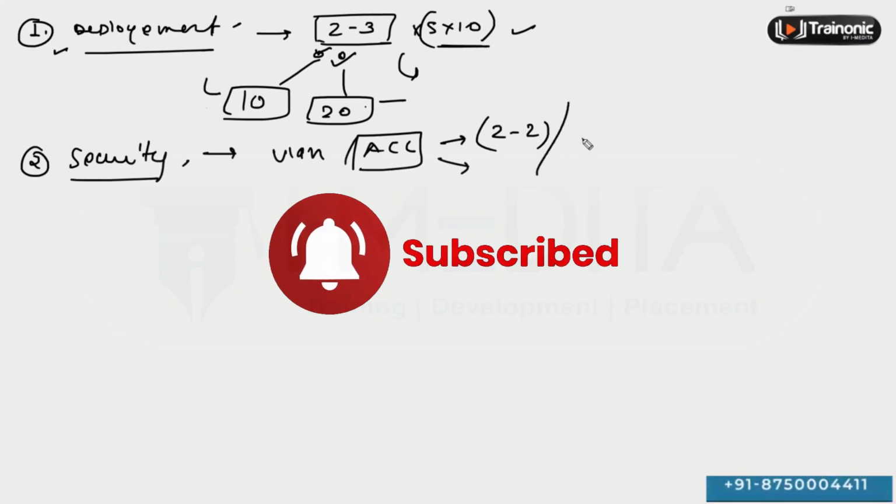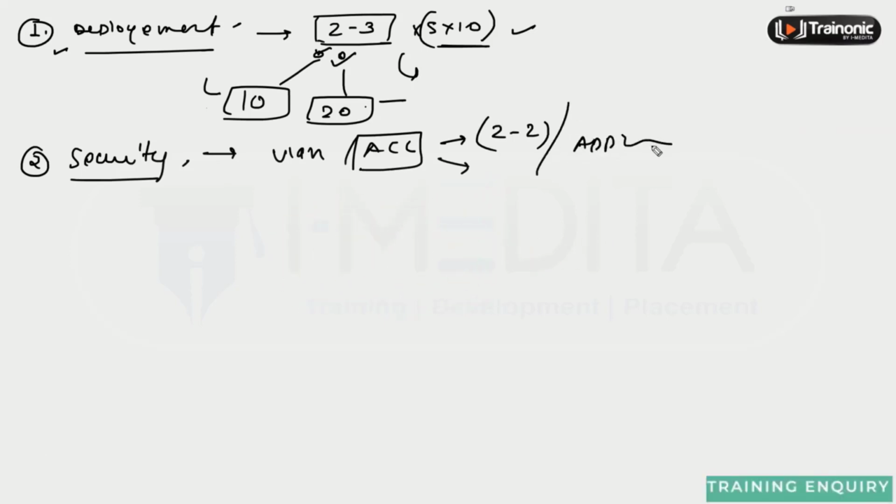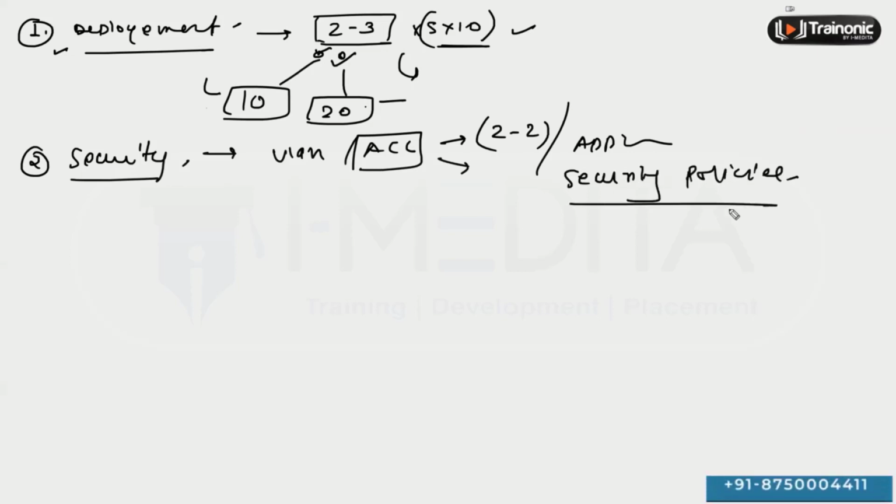We can have a lot of security appliances as well. We can have firewalls, IPS, IDS, where we can apply a lot of security policies, and we can deploy those security policies from that firewall or from that IPS, IDS device that we have.